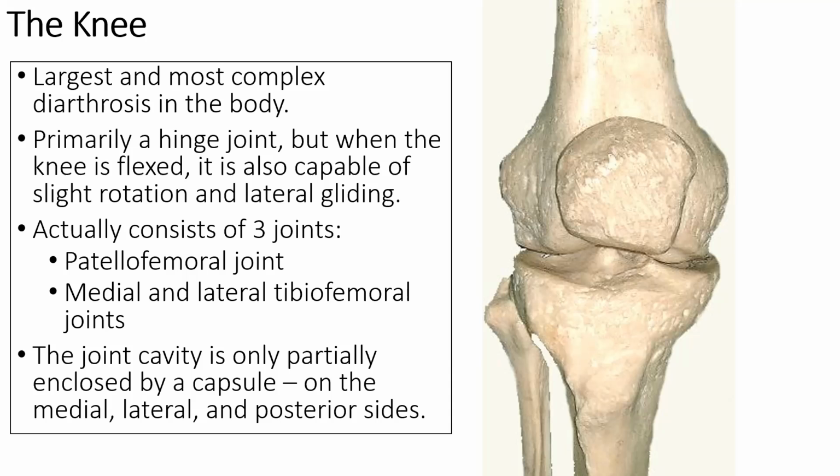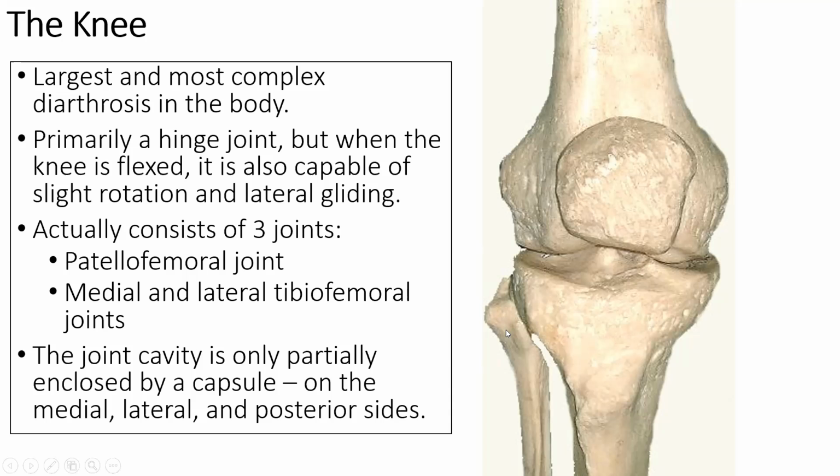There are actually 3 joints coming together: the tibia and the femur, and the patella and the femur. So you have the medial femur and medial tibia, the lateral femur and lateral tibia, and you have the patella and the femur. So these are 3 different joints coming together. You notice that the fibula over here doesn't get anything.